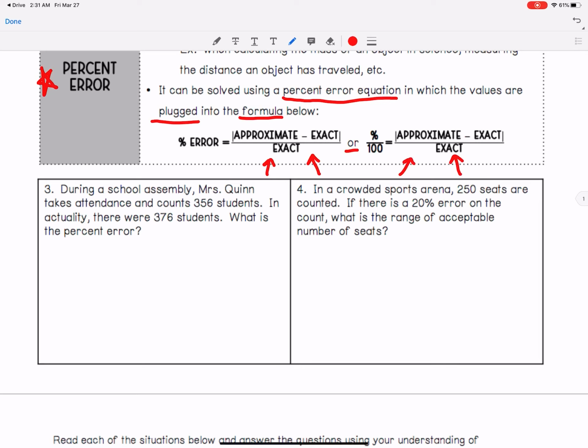So let's put 250 seats on the bottom. Now we have to set this equal to the percent that they give us. They said that there's a 20% error. Well, if we were to write that as a fraction, that would be 20 over 100. And now we just have to go ahead and solve this like we would any proportion.